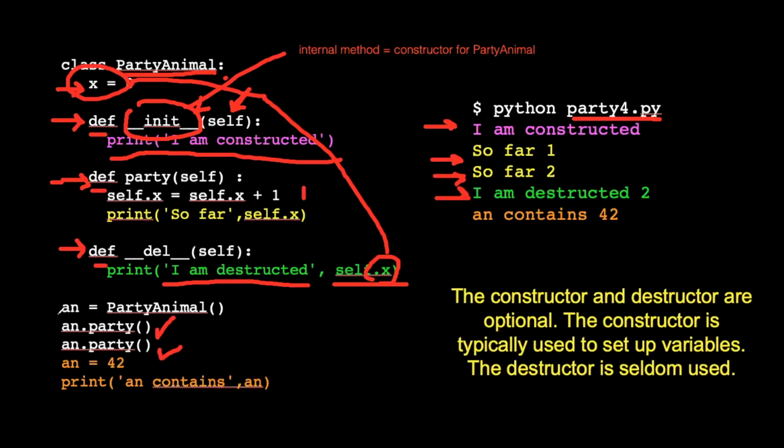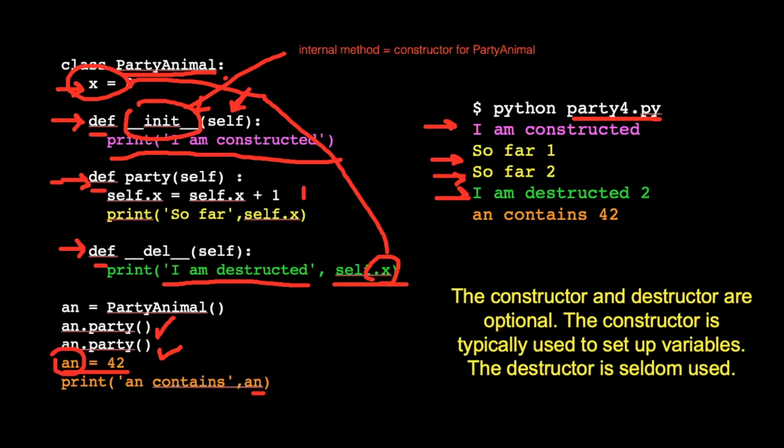Well, an 42. And then it says an contains, where this is 42. But the question is, how come this "I am destructor 2" is called? Well, the reason this destructor 2 is called is because an is reassigned.